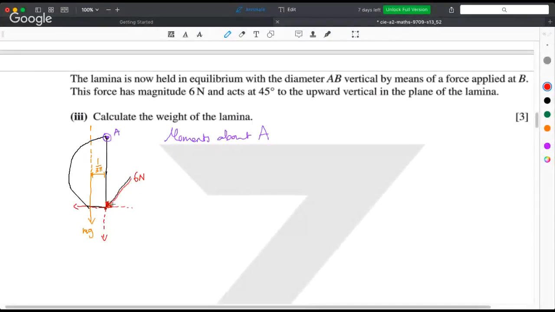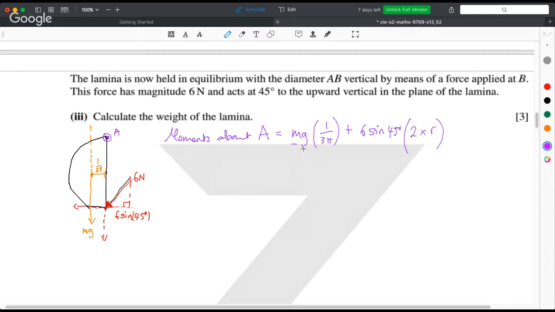So we really only care about this horizontal component. And you see that component is given by 6 sine of 45 degrees, which is the same thing as 6 times the cosine of 45 degrees. So the moments about A are going to be equal to mg times the distance, 1 on 3 pi, plus 6 sine of 45 degrees, times the distance between the line of action of this horizontal component of the force and A, which is just 2 times the radius.